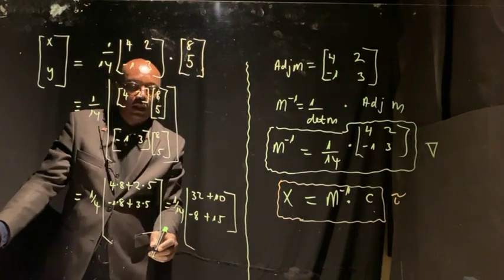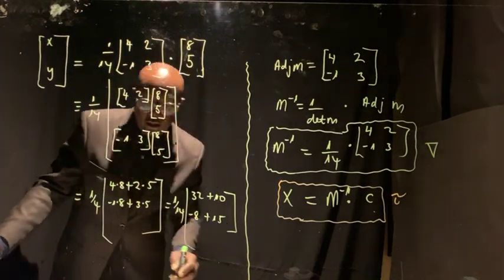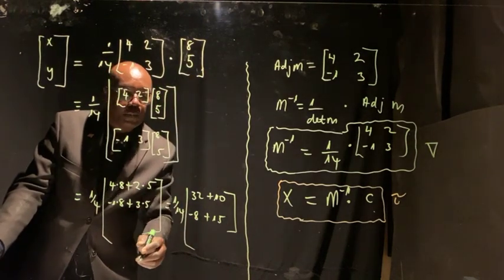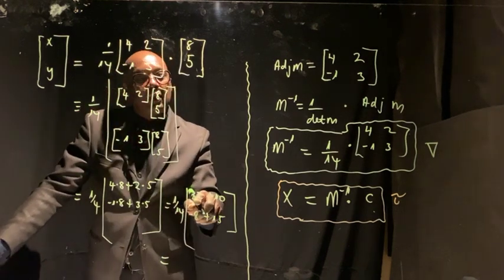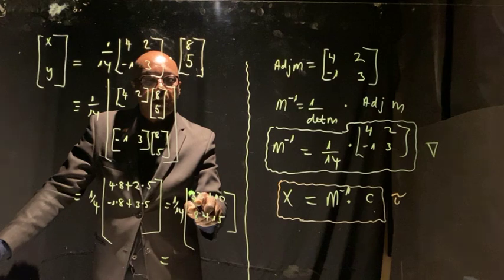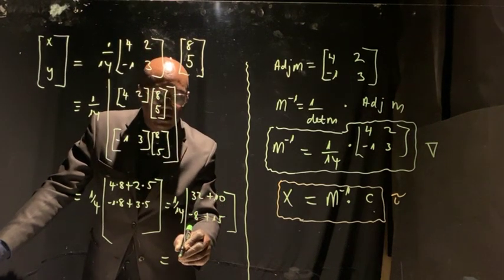So from here, we have 32 plus 10 over 14.